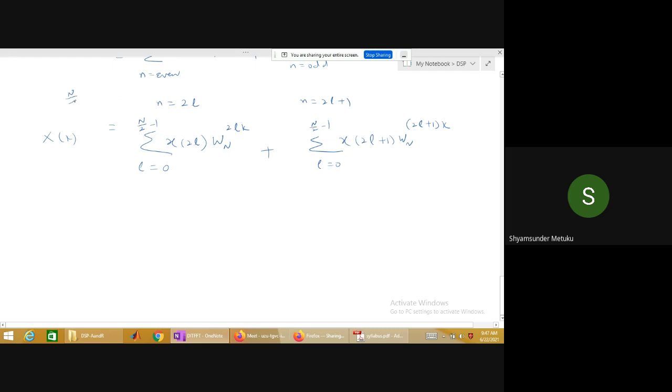If capital N is equal to 8, 8 by 2 is how much? 4. 4 minus 1 is 3. So l equals 0 to 3. Acceptable or not? Yes, sir. Then, if you expand this, are you not getting x of 0 first, then x of 2, then x of 4, then x of 6, isn't it?